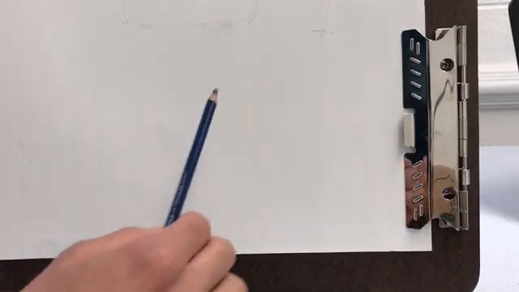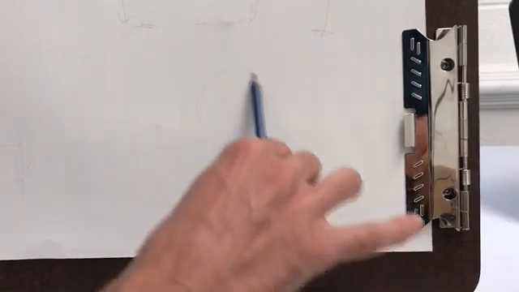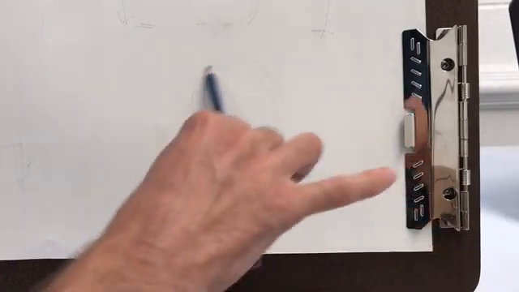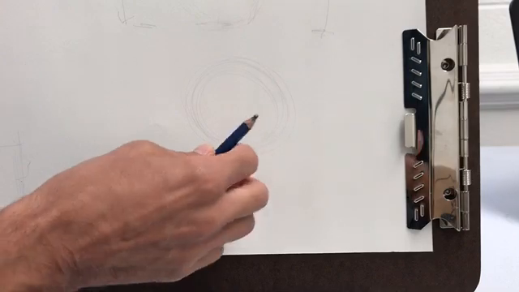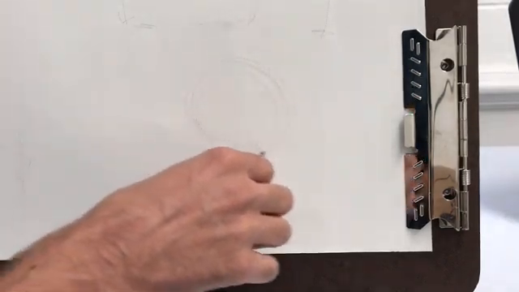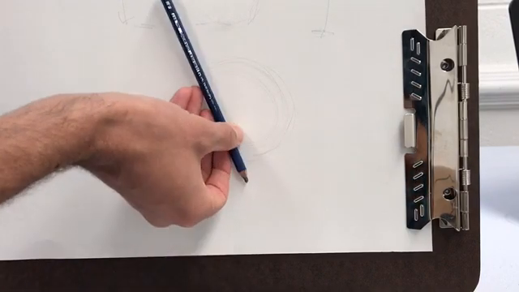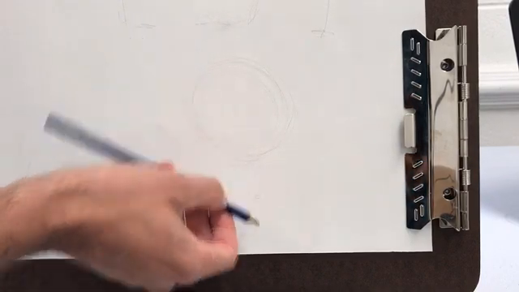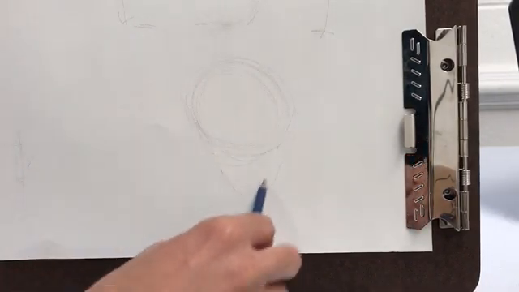So a simple practice to just getting the proportions of the head is simply making a circle about the size of a coffee mug, is what I'm doing. Figure out what the radius of that circle would be. If it's not round enough, you can round it out. Figure out what the radius of that circle should be. Below that, making your chin, simply making your egg shape.